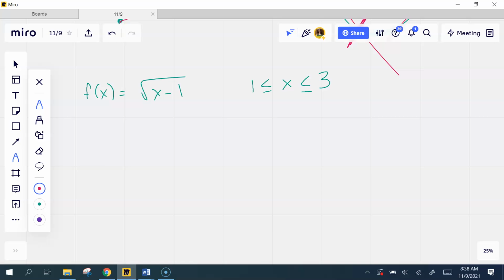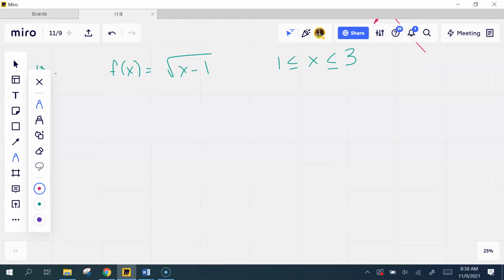So here, the first thing it asked me to do is write an equation for the secant line. Here is A, and here is B. So to find this, I'm going to need to find f of A and f of B, because those are the endpoints of the line.